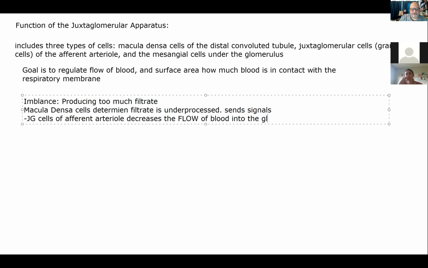How can it do that? Constricts. Yeah. So it constricts. All right.